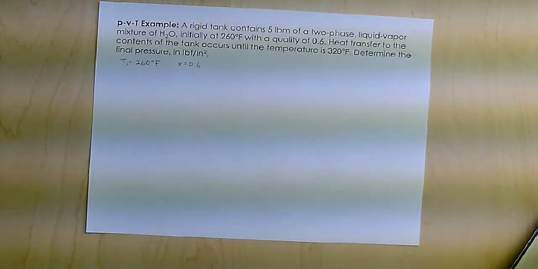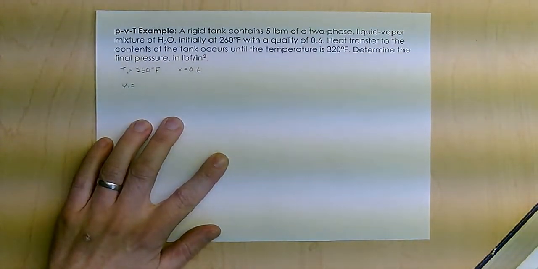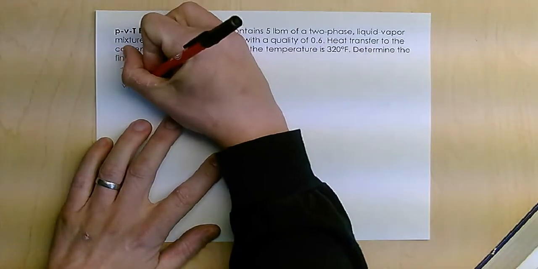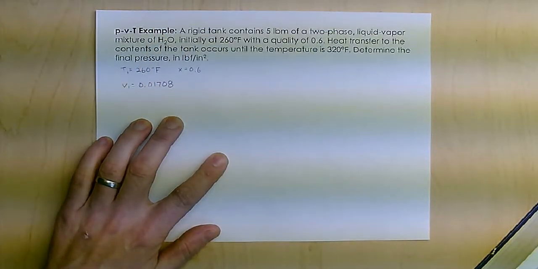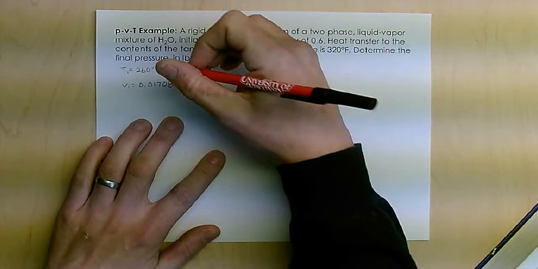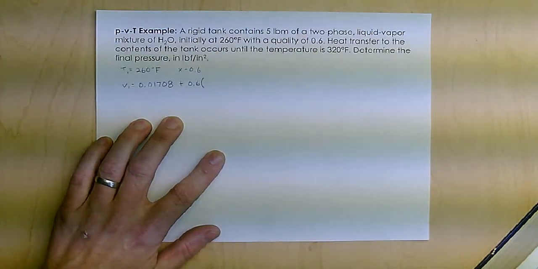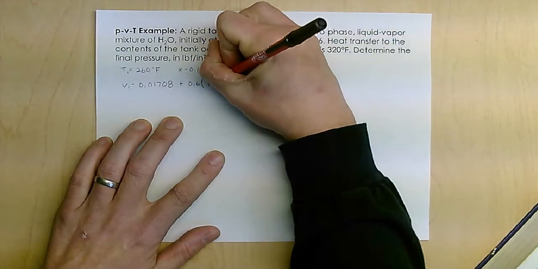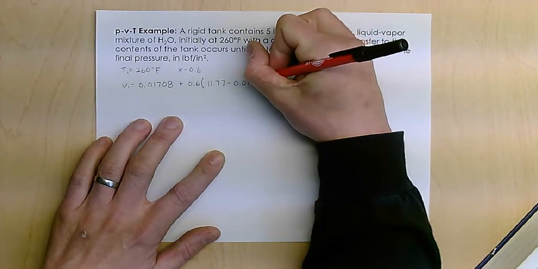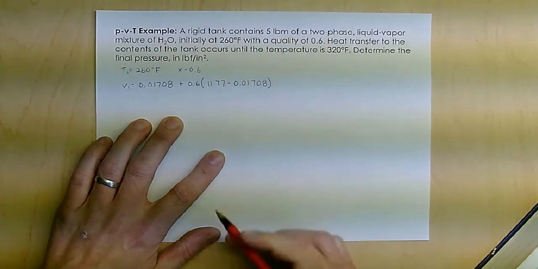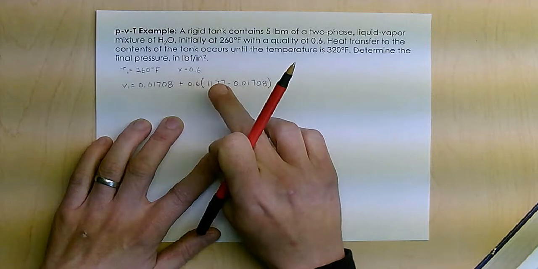So again, what we do for the interpolation, if I'm going to find this initial specific volume, I will take that lower volume, the saturated liquid volume, and add to it 60% of the distance between the liquid and vapor, which is going to be the saturated vapor minus the saturated liquid.